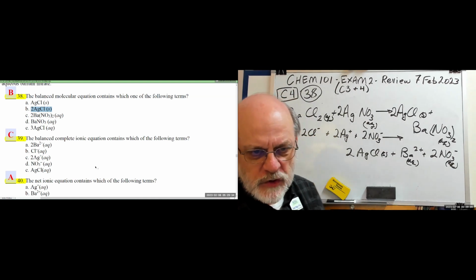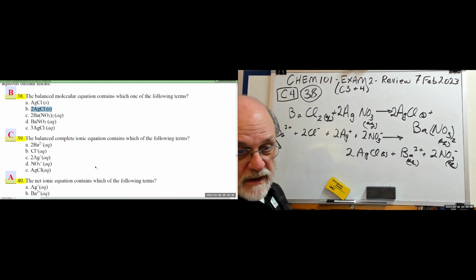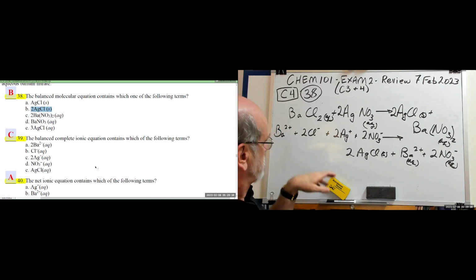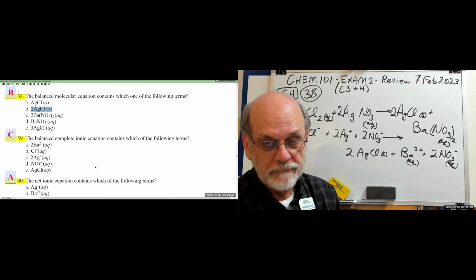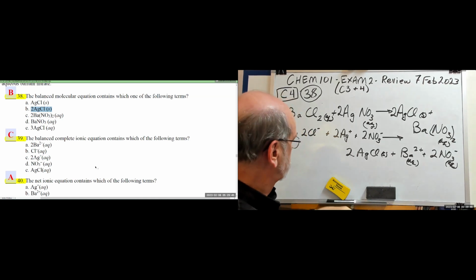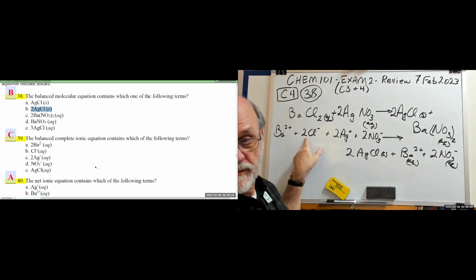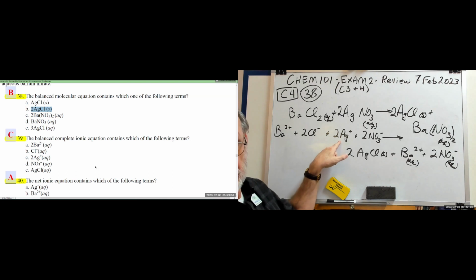So do we have a 2Ba2 plus in here somewhere? No, it's just Ba2 plus, not 2. Do we have a chloride? Yes, but it has a prefix, it has a coefficient of 2, right? So that's not right. 2 silver ions, yes.